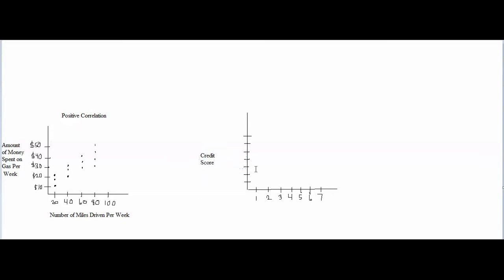And higher credit scores are better than lower credit scores, so people up here would have better credit scores than people down here. Down here we have number of missed payments for this year.